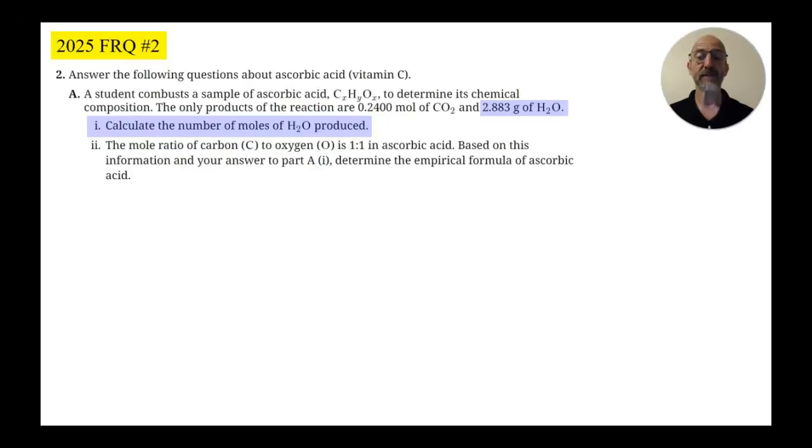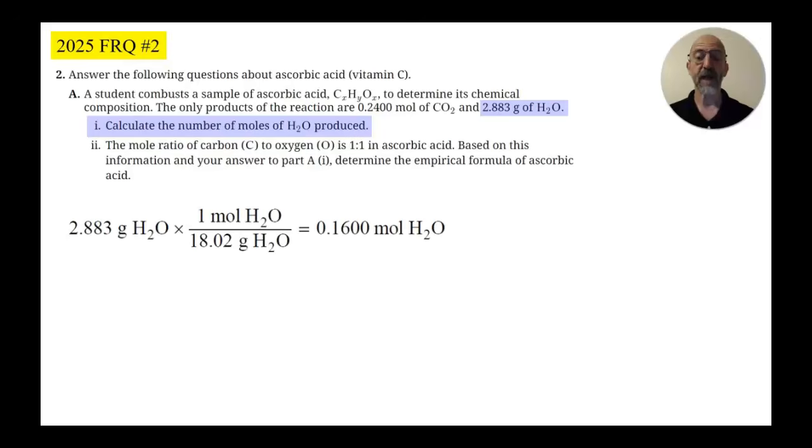The only products of the reaction are 0.2400 mole of carbon dioxide and 2.883 grams of water. So the first part of this question is to calculate the number of moles of water produced. Now, I don't have a problem or a mistake with what the student did so far. They went from grams to moles using the information on the periodic table to determine the molar mass of water. So far, everything looks good.